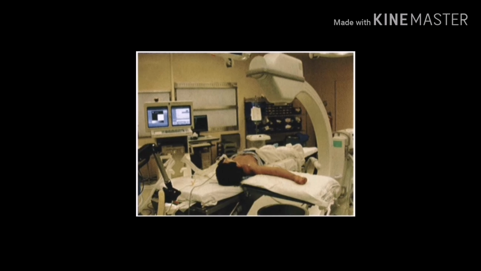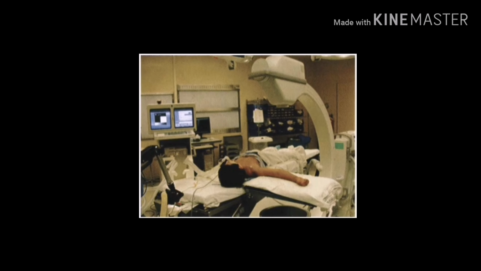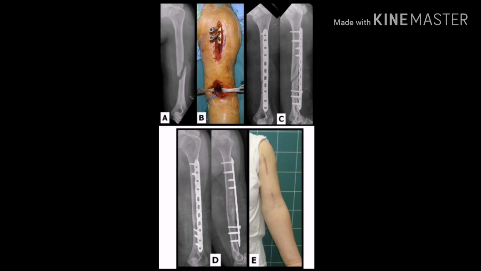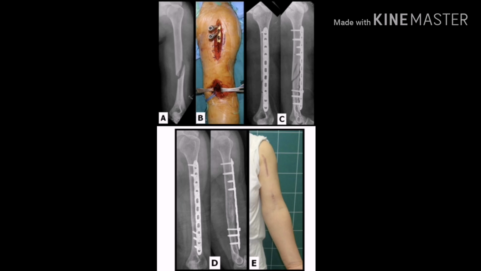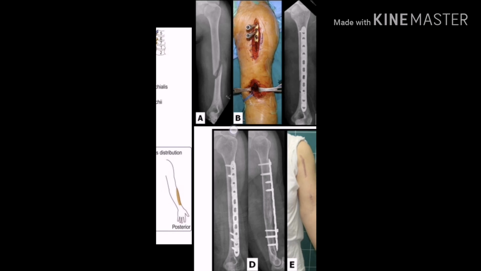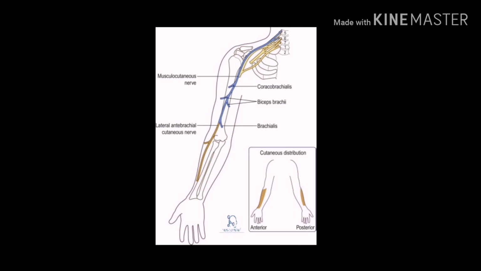The proximal humeral shaft was exposed through the deltopectoral interval. This is the deltopectoral interval. A distal incision of 4 to 5 cm was performed on the anterior side proximal to the elbow crease. The sensory branch of the musculocutaneous nerve was usually identified and protected after retracting the biceps muscle.